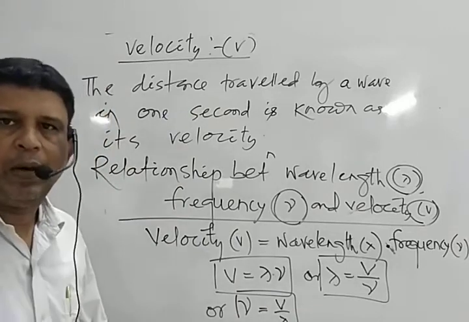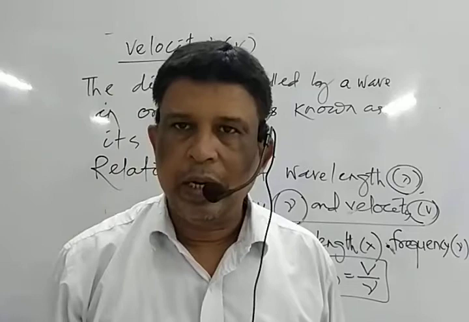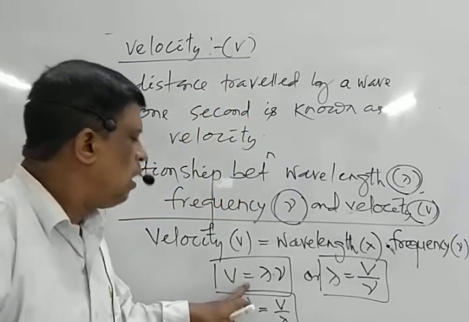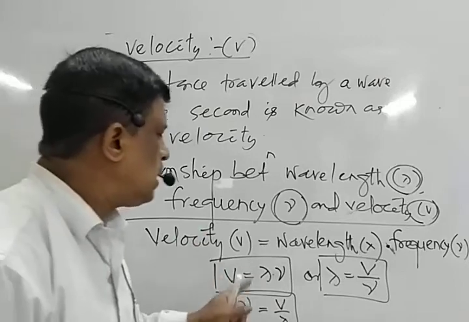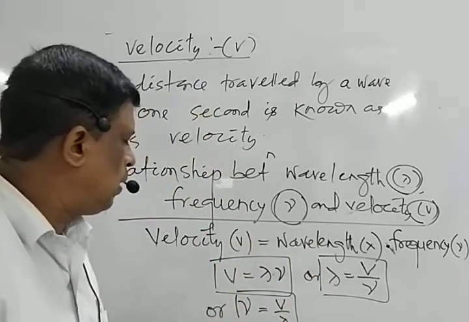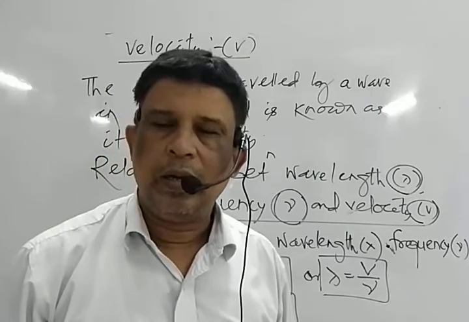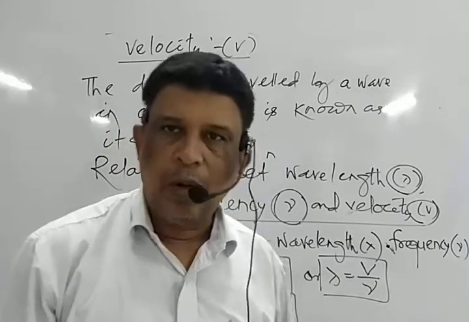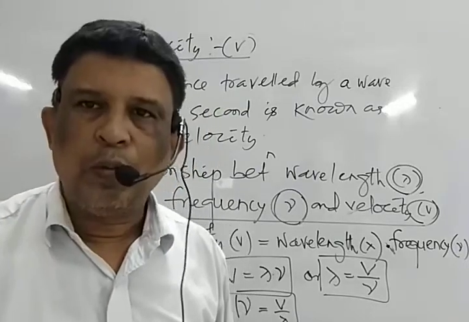The relationship is velocity is equal to wavelength into frequency. From this relationship, one can calculate the velocity if the other two are given, the wavelength if the other two are given, and the frequency if the other two are given. Let us apply this relationship to solve one or two problems.